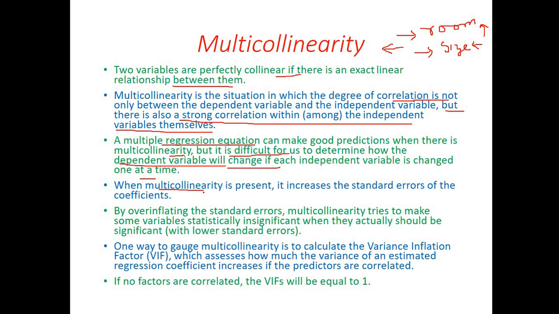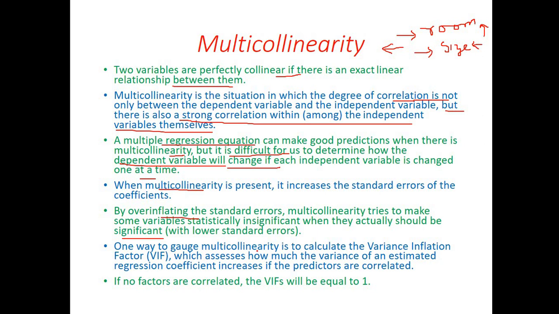When multicollinearity is present, it increases the standard error of the coefficients. By overinflating the standard errors, multicollinearity tends to make some variables statistically insignificant when they actually should be significant.